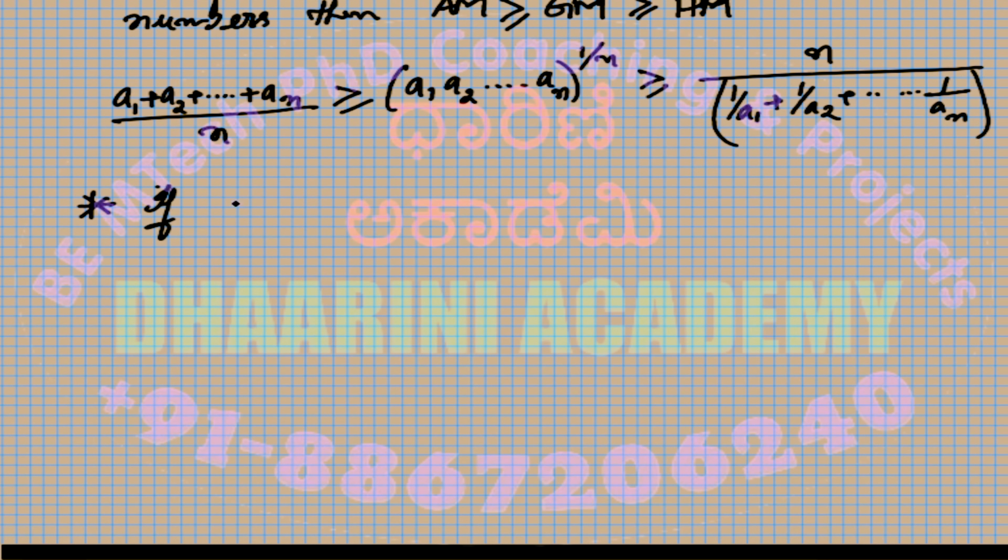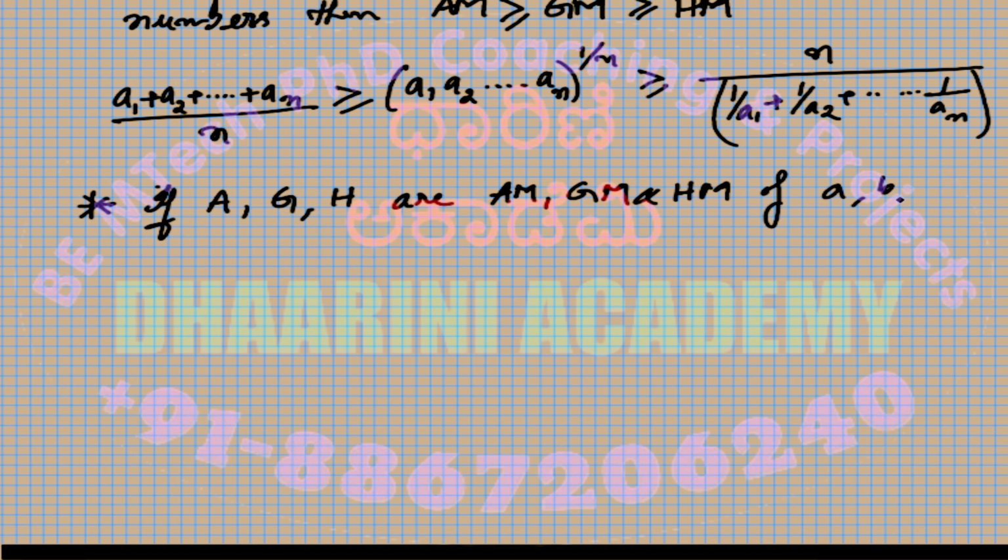That is, if capital A, comma G, comma H are the arithmetic mean, the geometric mean, and the harmonic mean of three numbers a, comma b, comma c, then a, b, c are the roots of the following equation.